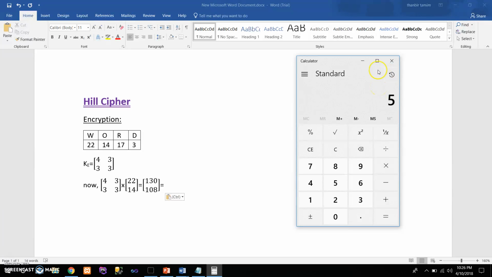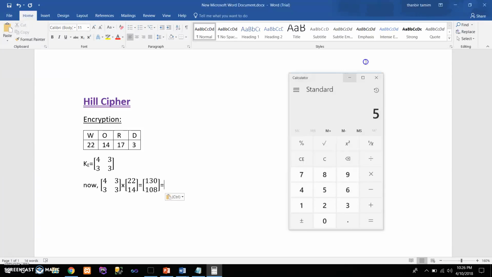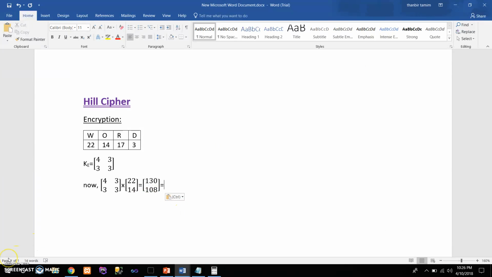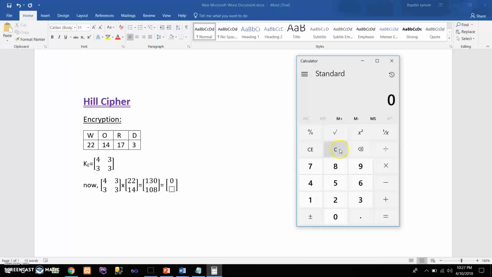130 is divisible by 26. So here mod is only 0. So we will write 0. And here again 108 is bigger than 26. So again we will divide by 26. And this is the fraction number, and the remaining total number is 4.